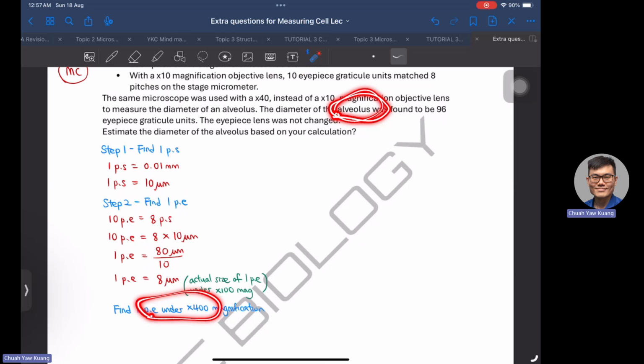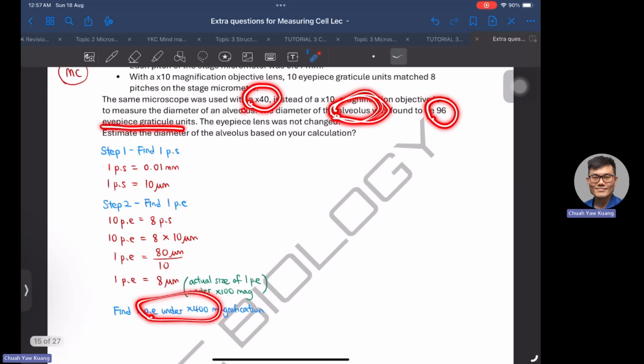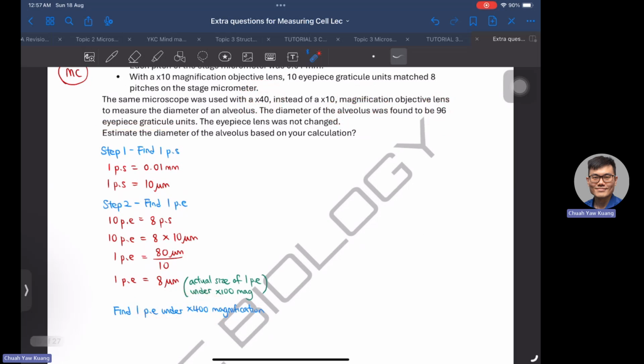The alveolus is observed under 400 times magnification, and they're telling you it is 96 eyepiece reticule units. So we have to further find that under a different magnification.